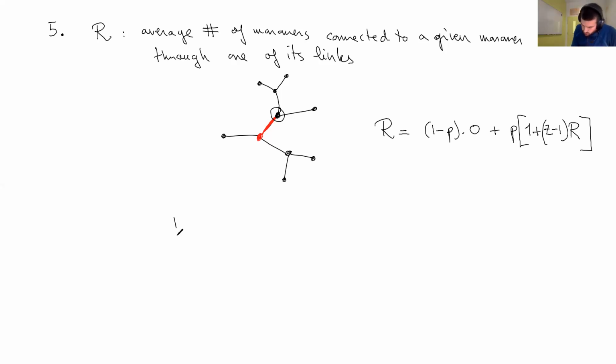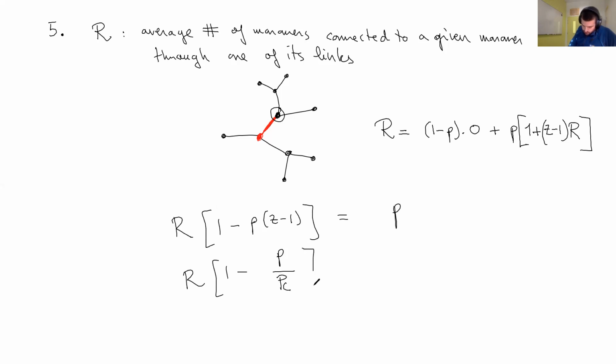Okay, so I can transform that into R factor of 1 minus P Z minus 1 should be equal to P. And here you recognize P over PC, right? It's P over PC because PC is 1 over Z minus 1.